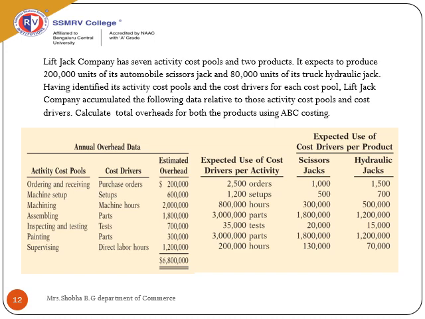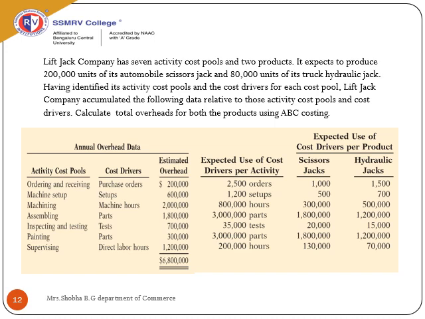So the fourth column gives the details of only the estimated number of cost drivers for each of the activities. Then the last two columns give details about the actual cost drivers which took place for both the products, that is scissors jack and hydraulic jack, right?